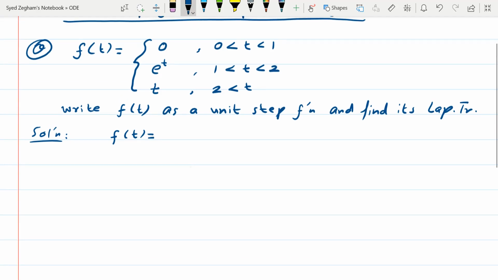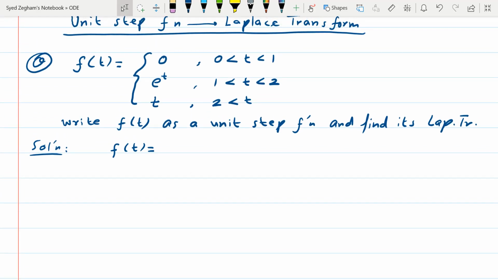So what we do, we start with this entry, that is 0. So u(t minus 0).